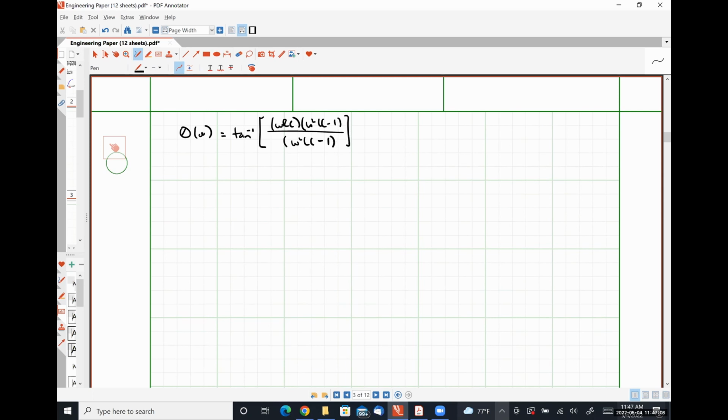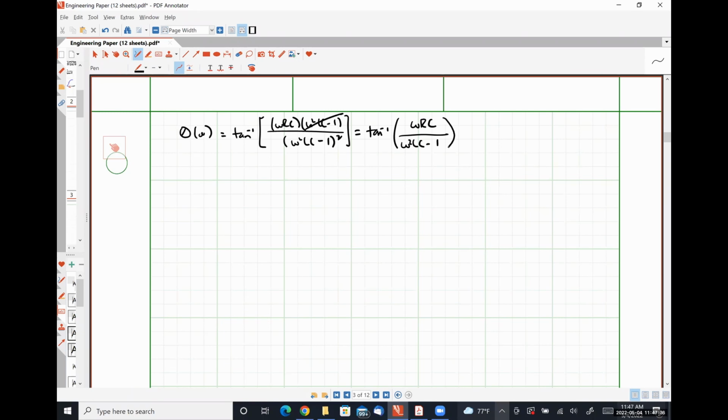I'm technically dropping the denominators from both the real and the imaginary part because they're the same thing and they're going to wind up canceling each other out anyway. Oh, and this should be squared so that this cancels one of these powers. And we have the inverse tangent of omega RC over omega squared LC.